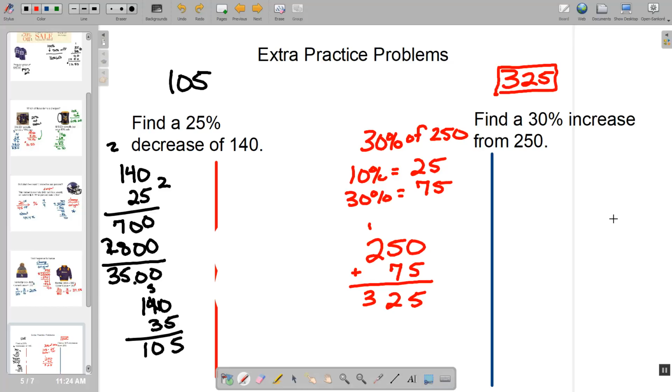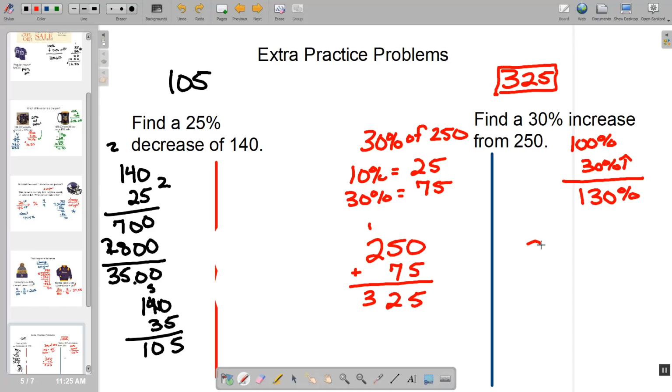Now, there is one part to the algorithm on the right that is trickier with increase. So normally, you start with your 100% and you go down a certain percentage and you see what's left. The problem here is that this time we are going up 30% from our 100%, which means now we will be 130% of the original.